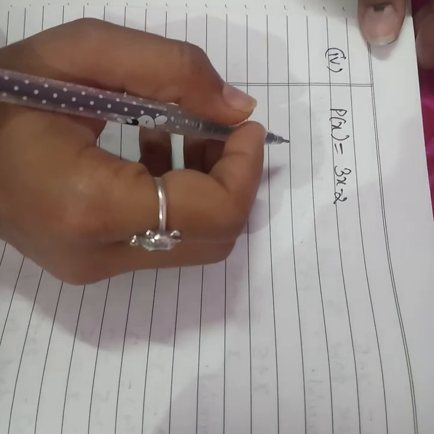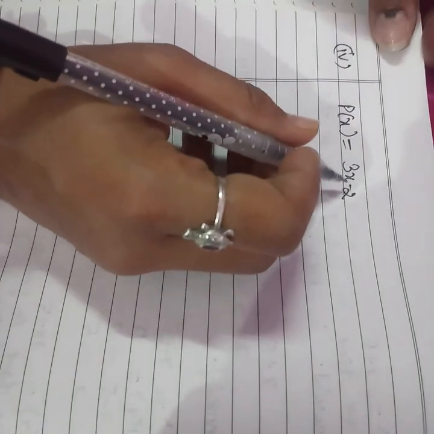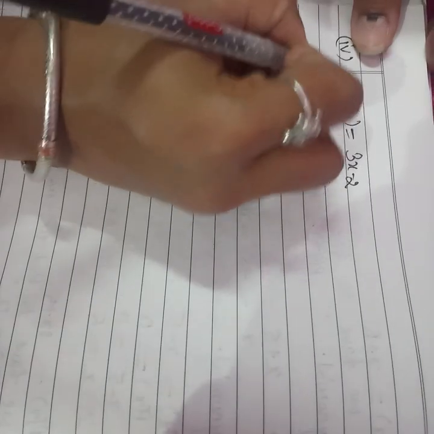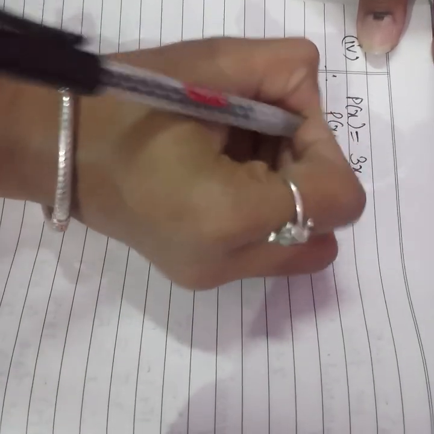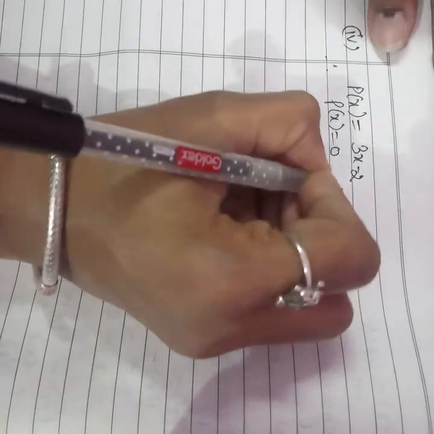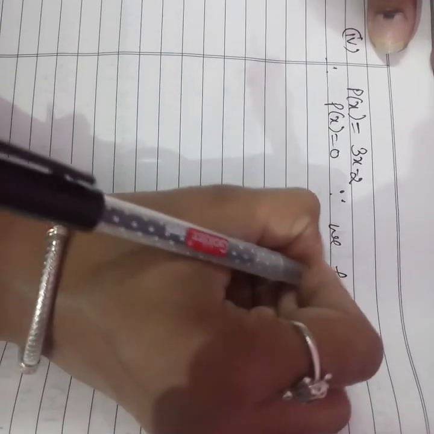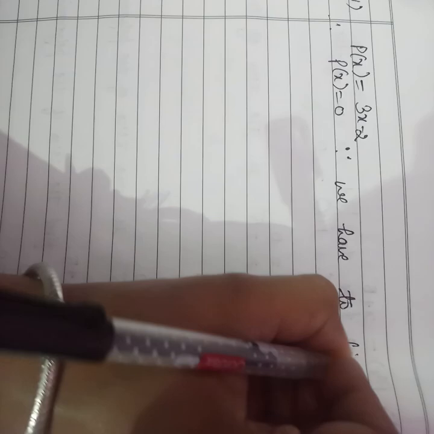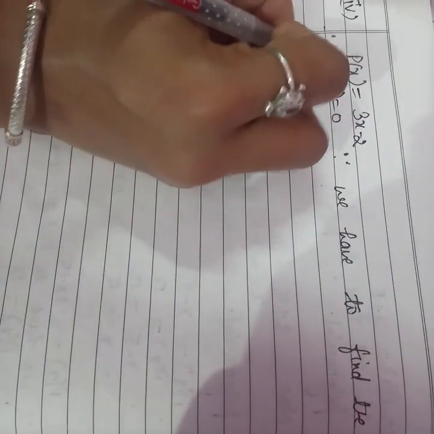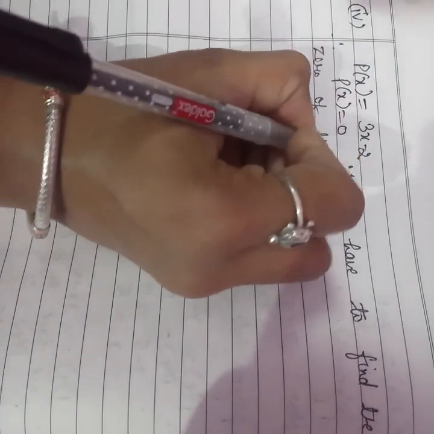Now the fourth part is p of x equals 3x minus 2. Again we put p of x equals 0 because we have to find the zero of the polynomial.